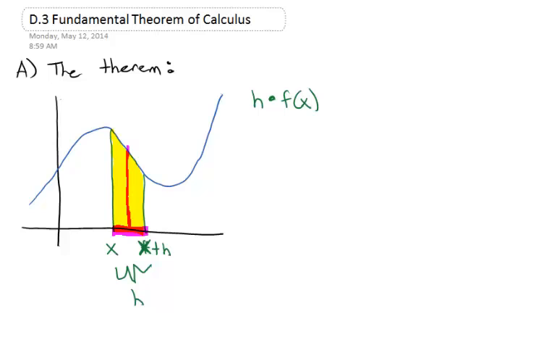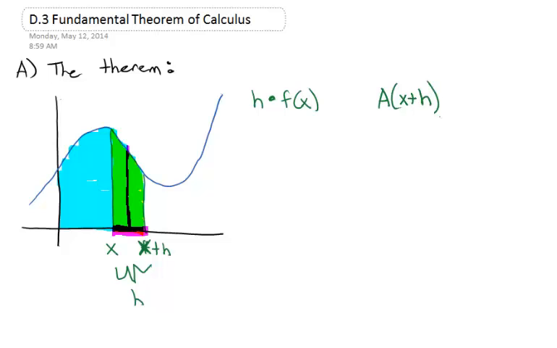Another way we can calculate the area, though, is to think about it like a subtraction problem. Notice if I took all the area up to the end, up to x plus h, and let's say I'm going to represent this with a function, A of x. A represents the area from 0 up to the point. So we went from 0 to x plus h, so A of x plus h would represent all of that area.